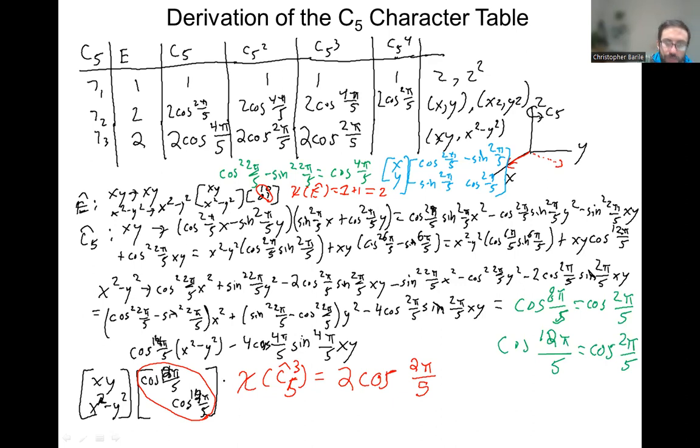So you're going to get 14 pi over 5 plus 14 pi over 5. Well, this is all just unit circle. So cosine 14 pi over 5 is equal to cosine of 4 pi over 5. So this one ends up being 2 cosine 4 pi over 5. So that's our last one.